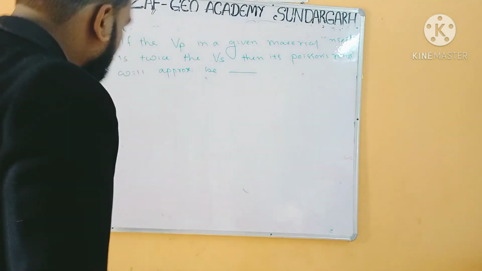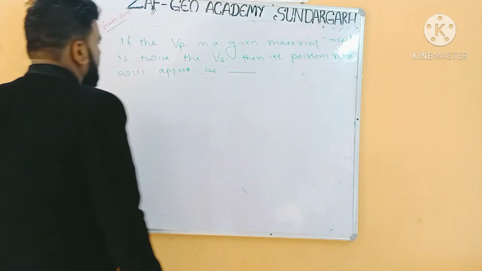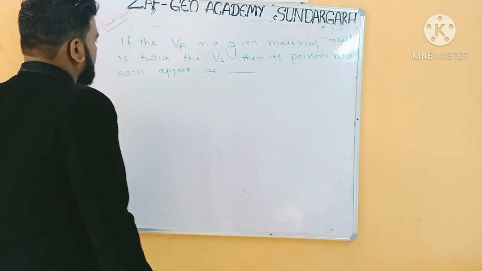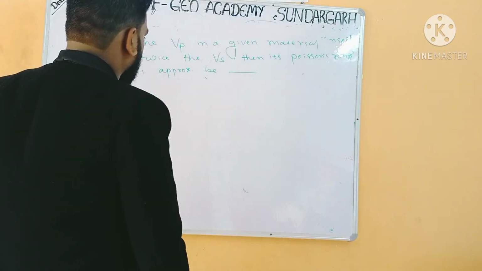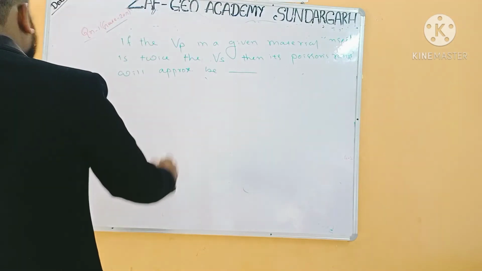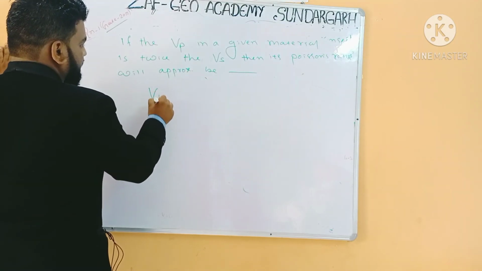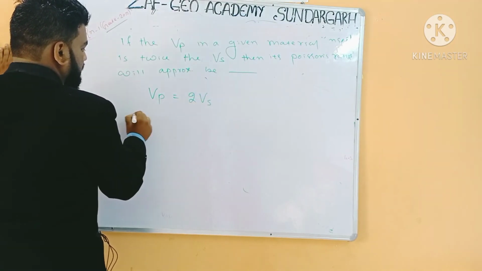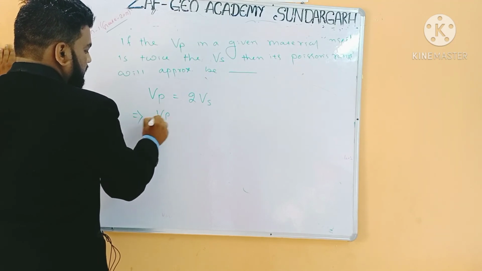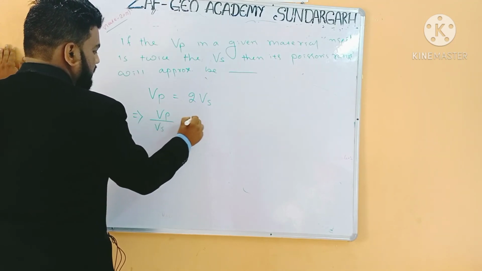Here is another question. If the velocity of P wave in a given material is twice the velocity of S wave, then its Poisson's ratio will approximately be what? So velocity of P wave is twice the velocity of S wave, so Vp by Vs will be equal to 2.